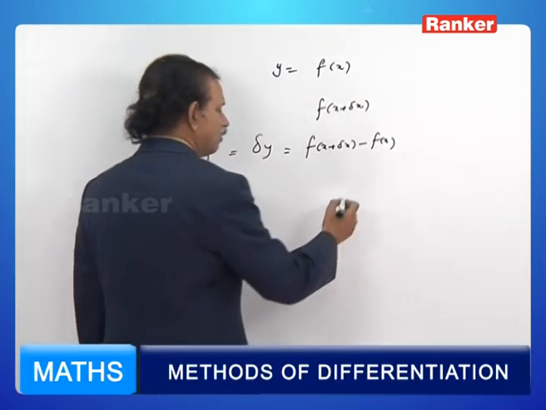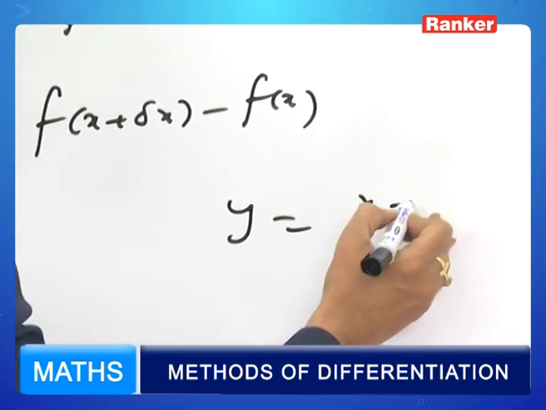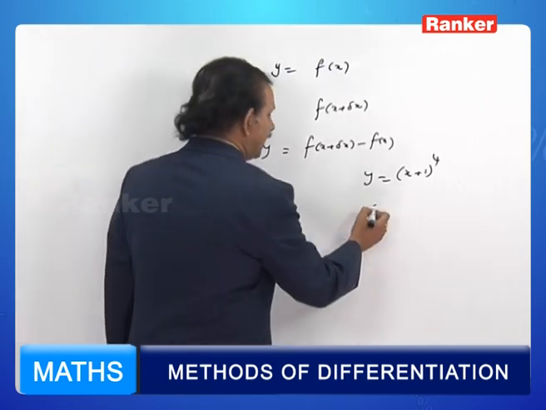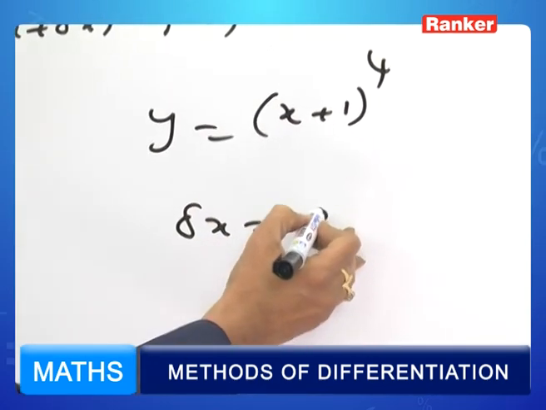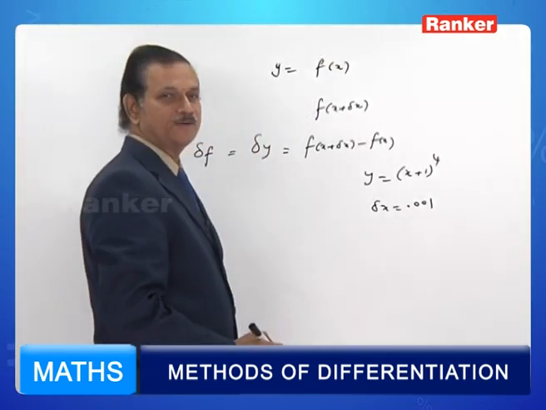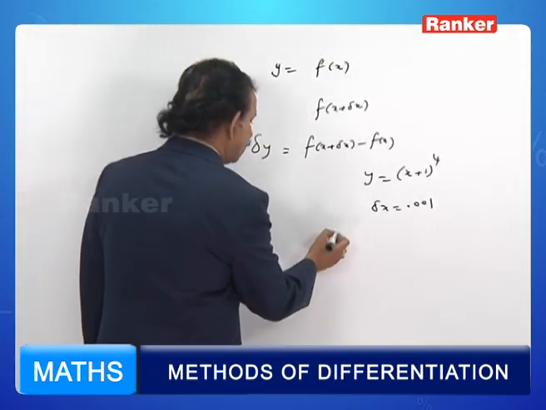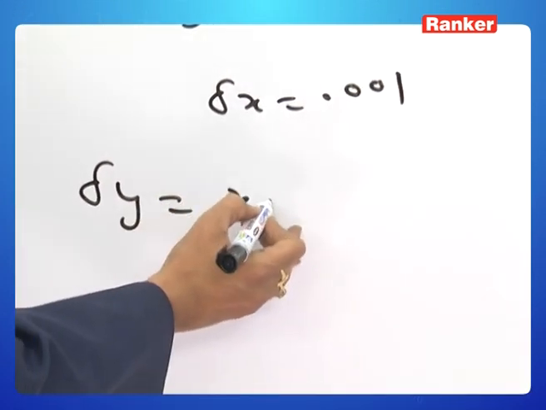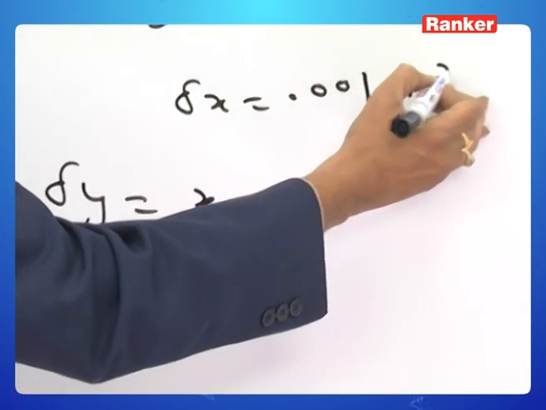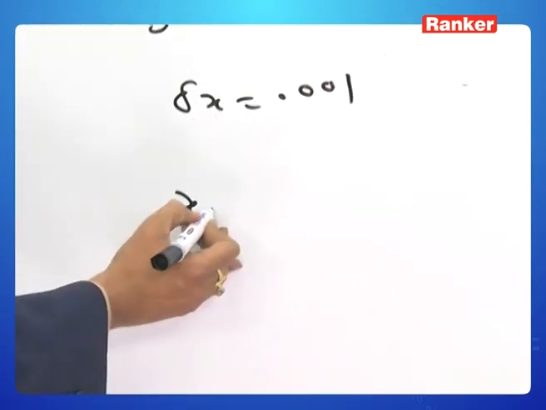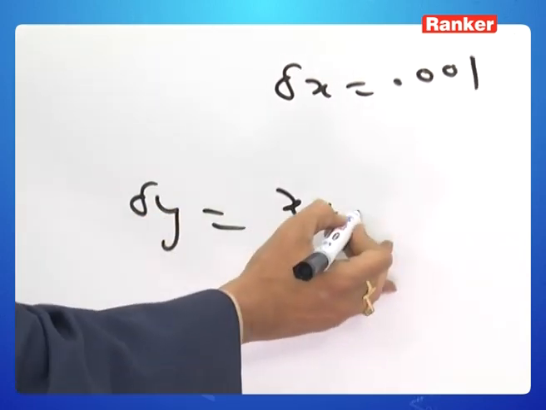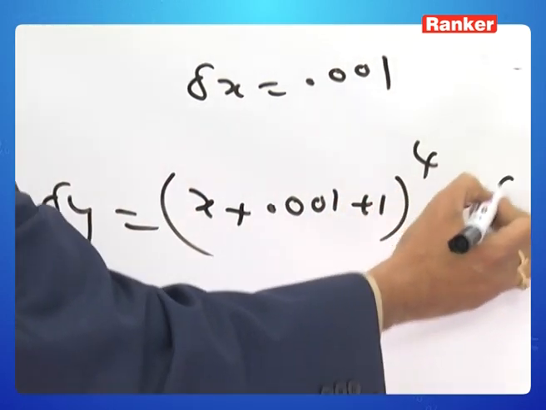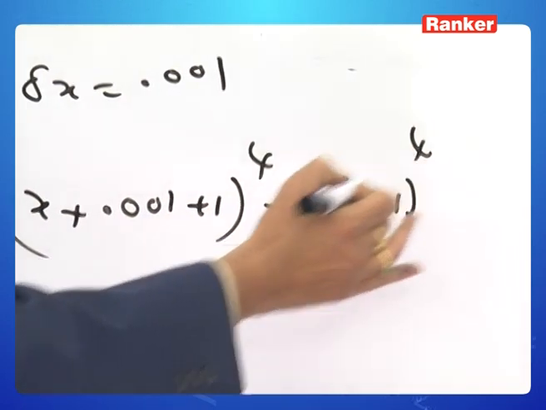Let us see an example. Suppose y is equal to x plus 1 whole to the power of 4, and I take delta x is equal to 0.001. Then what is delta y? This is x, and x is equal to 1. It is x plus 0.001 plus 1 whole to the power of 4 minus of x plus 1 whole to the power of 4.